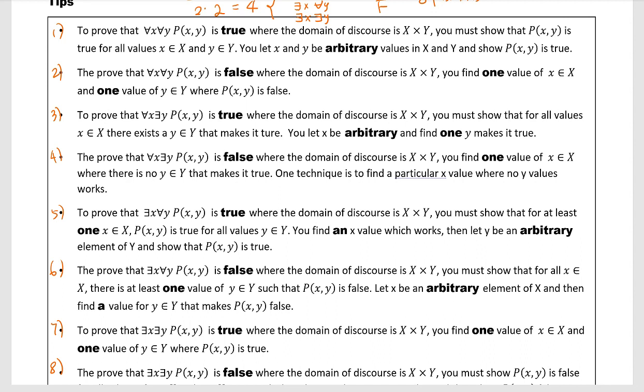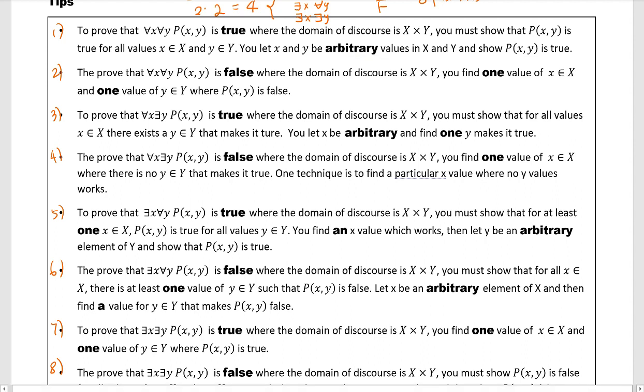So you let x and y be arbitrary values, and you want to show P of xy is true. If your domain is R2, you say let x and y be arbitrary real numbers. We really like the word arbitrary. Then you continue to show that P of xy is true.